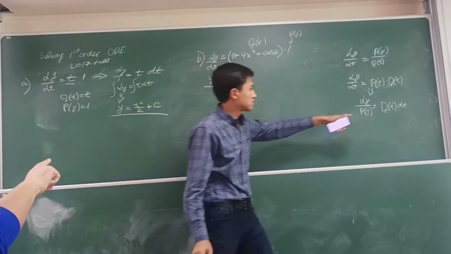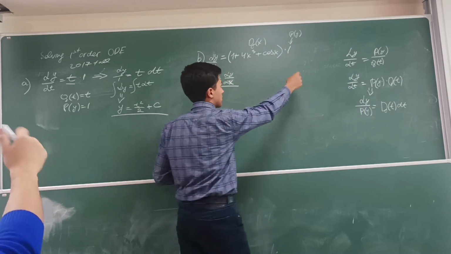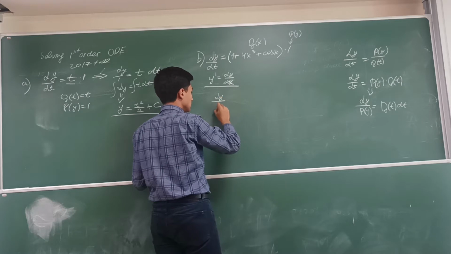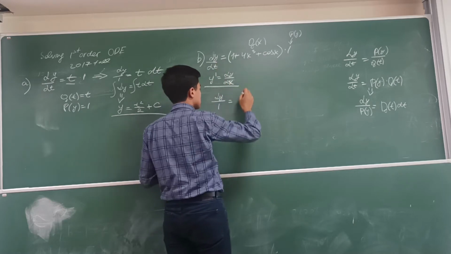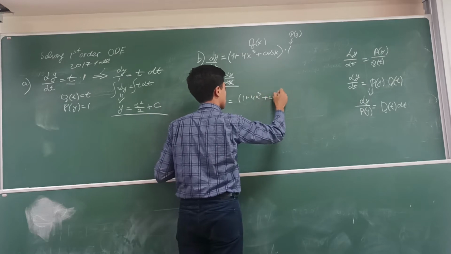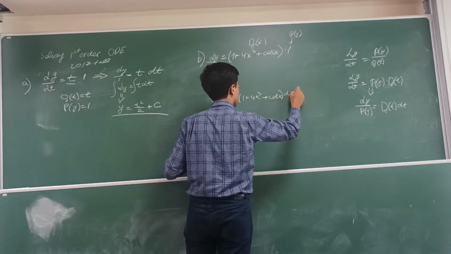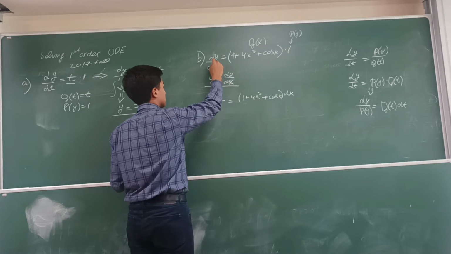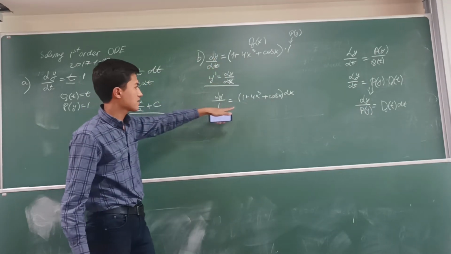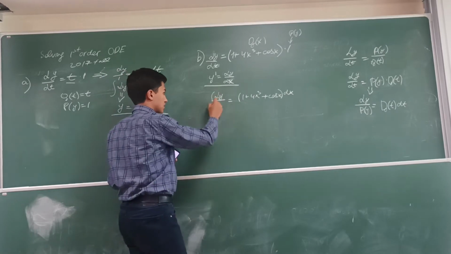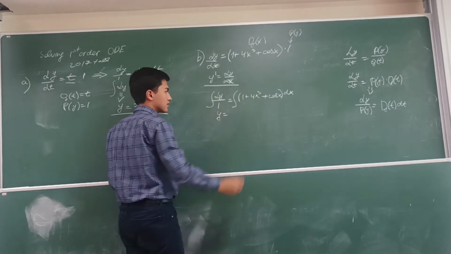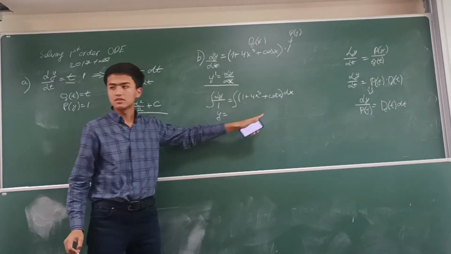So we follow this structure: move 1 from p(y) down, dy over 1, and then move dx to the right side. You have 1 plus 4x cubed plus cosine x dx. Now it's pretty easy. You take the integral from both sides. The integral of dy is just y. And what's the integral of this function?